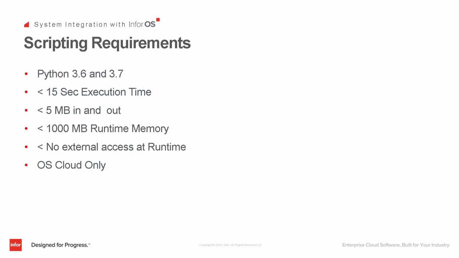And lastly, this is for Infor OS Cloud only. So if you are an on-premise customer, this feature is not available to you. Now, these requirements can all change over time, so do pay attention to your release notes and updates to make sure that some of these requirements haven't changed.